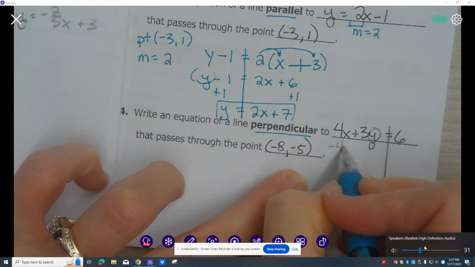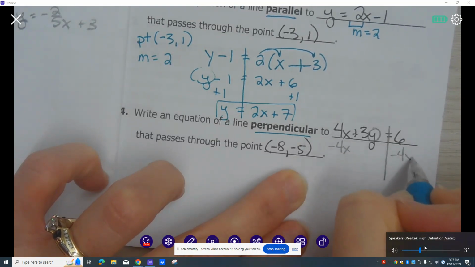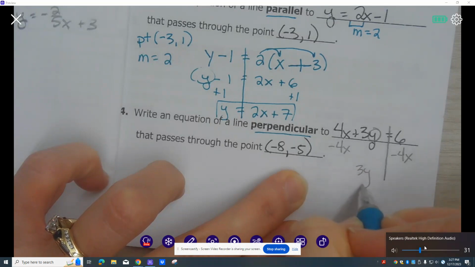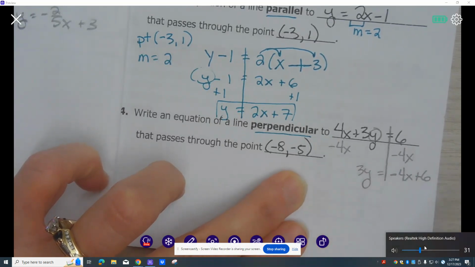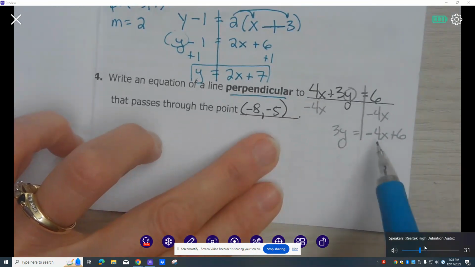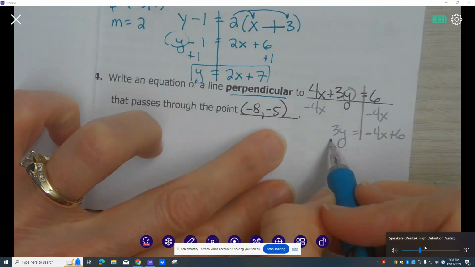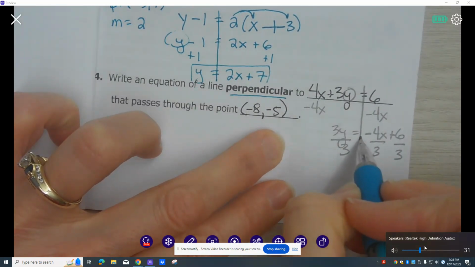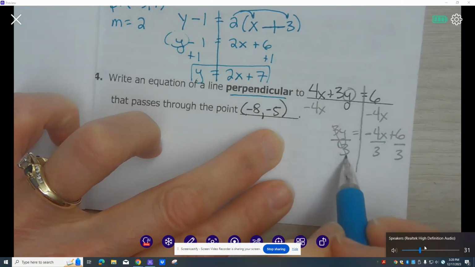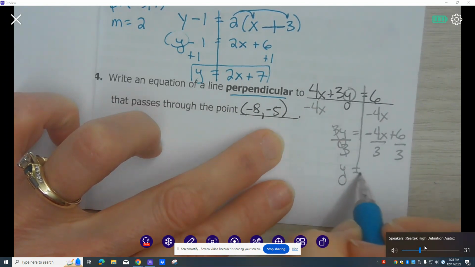So I'm going to minus that 4x from both sides. And I get 3y equals negative 4x plus 6. Remember, I like to write the x term first because I know that's where my slope will be. And now divide every term by 3. So 3 divided by 3 is 1, so I have y by itself.